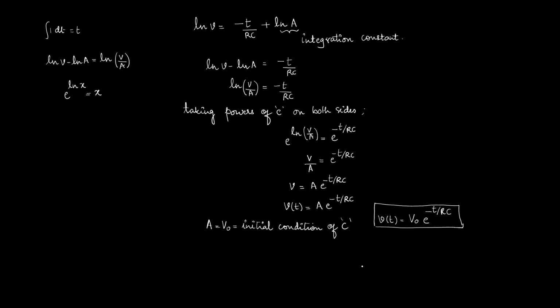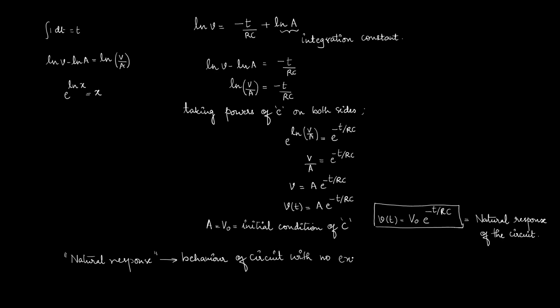Now since the response is due to the initial energy stored in this particular capacitor and not because of the external voltage or the current source, this is called the natural response of the circuit. So if I have to define natural response, it is basically the response of the circuit because of the behavior of the circuit with no external source of excitation.